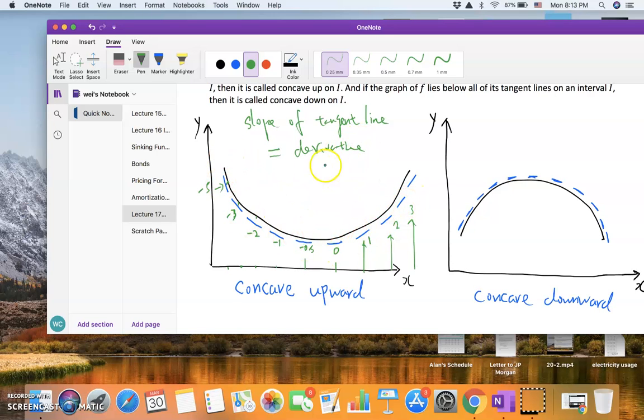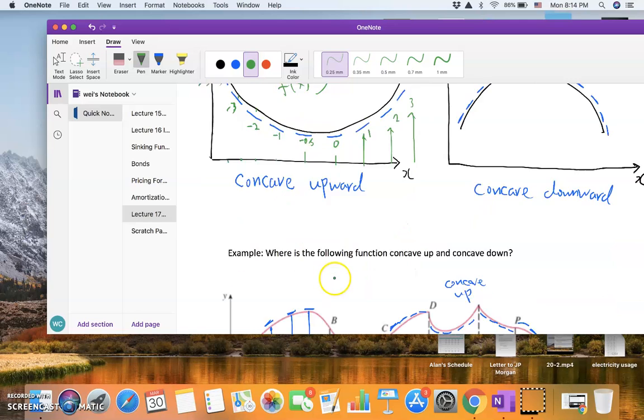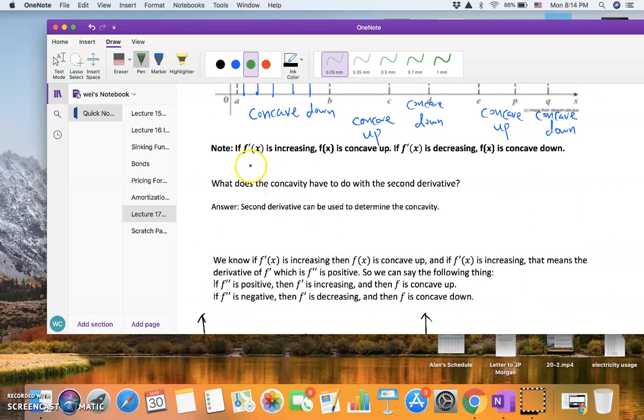Because of that, the first derivative is increasing. And from the graph of the function, we know it's concave upward.